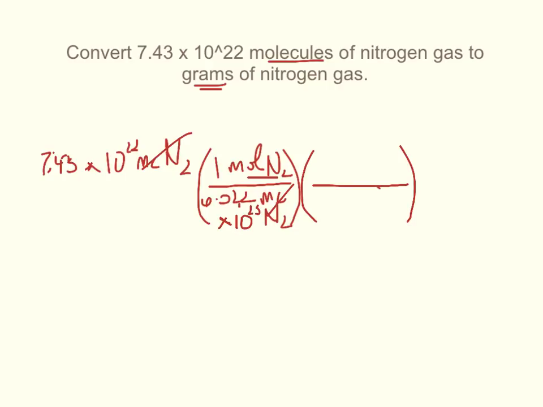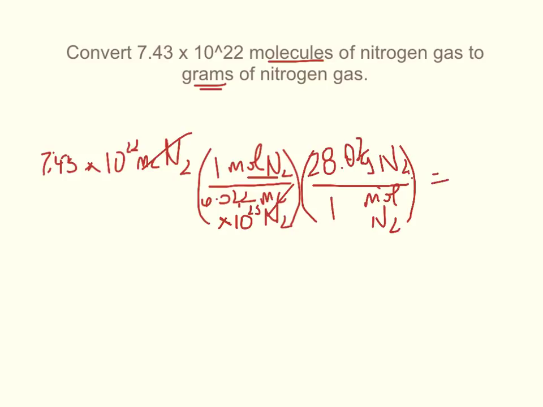And so I'm going to set up another conversion, and this time I'm going to cancel out my moles of N2 and change it to grams of N2, which is what my problem is asking me for. And for every 1 mole, remember it's N2, so I'm going to take 2 times the molar mass, which is 28.02 grams.